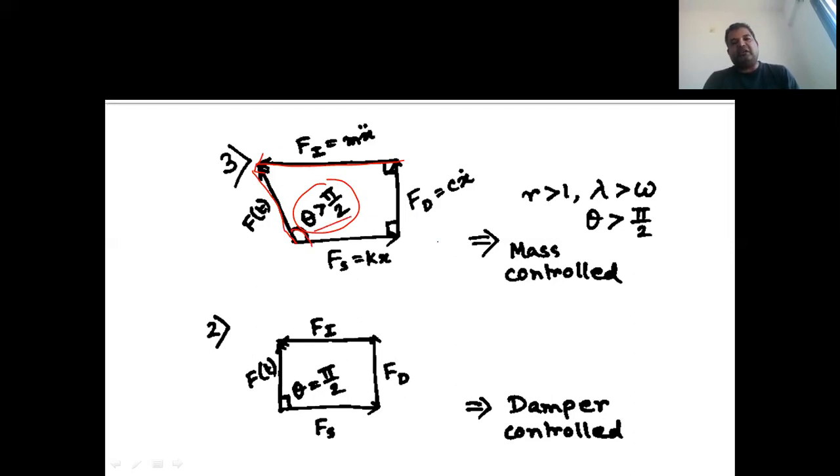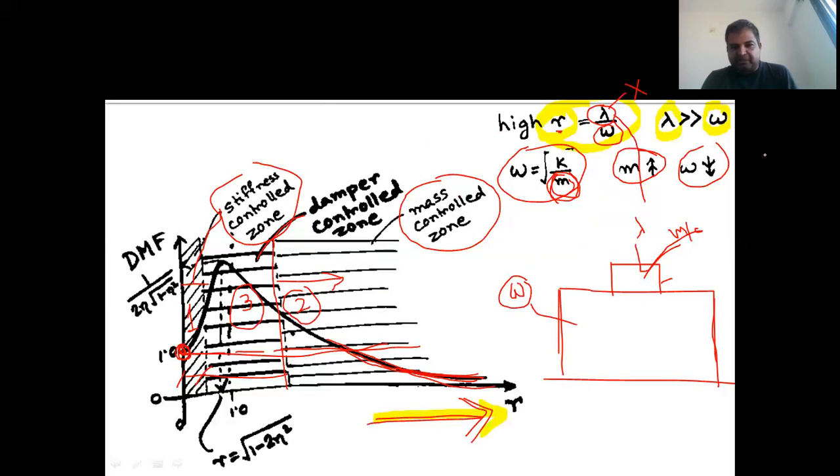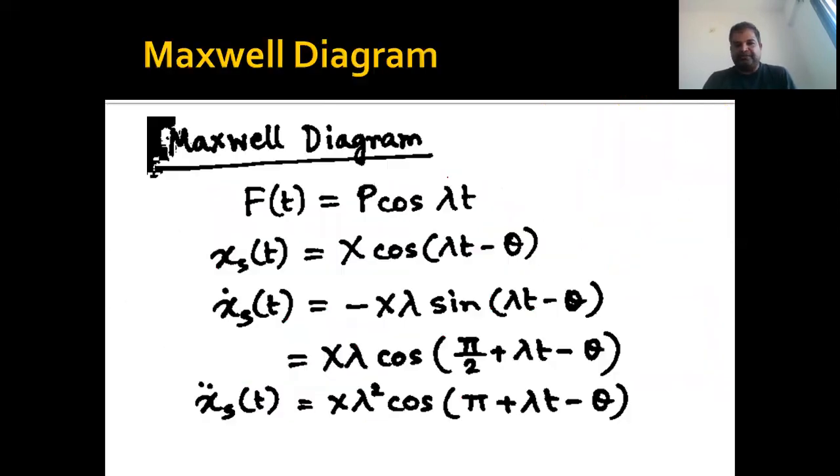In this also, if you see the governing force, here it is the inertia force, which is the biggest force. This inertia force is governed by which parameter? Nothing but m. So this is the mass control zone. Whatever we have said here is the mathematical expression of this. This is my mass controlled zone.